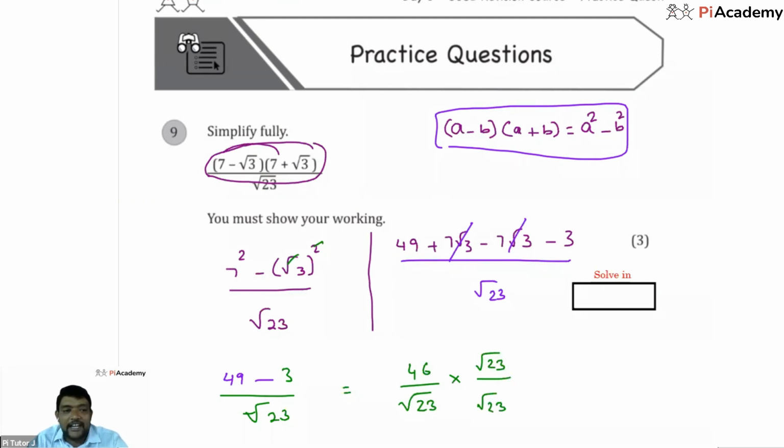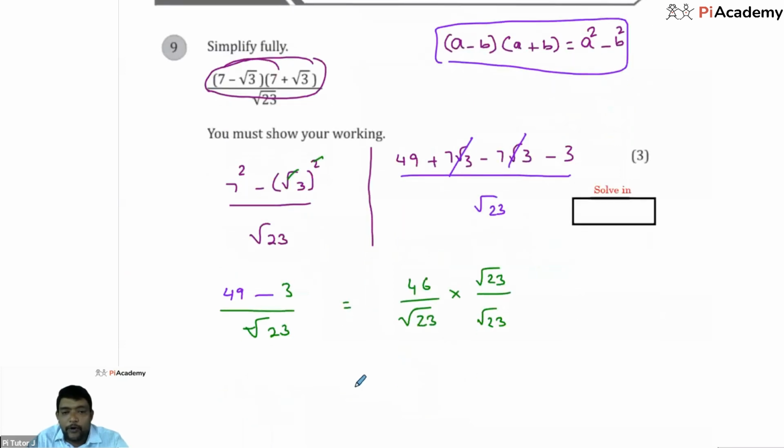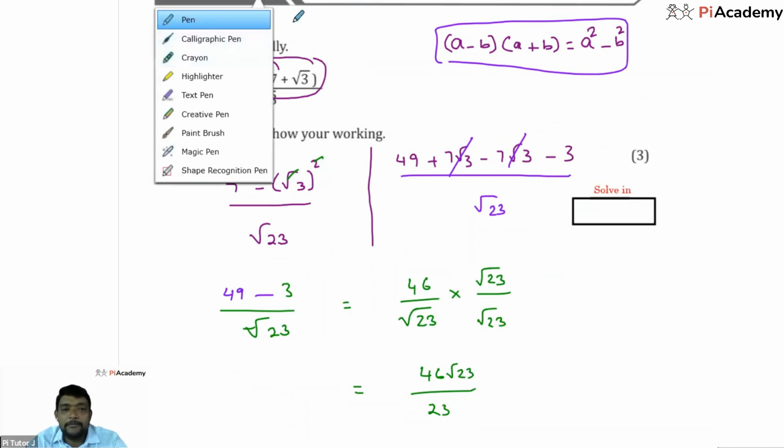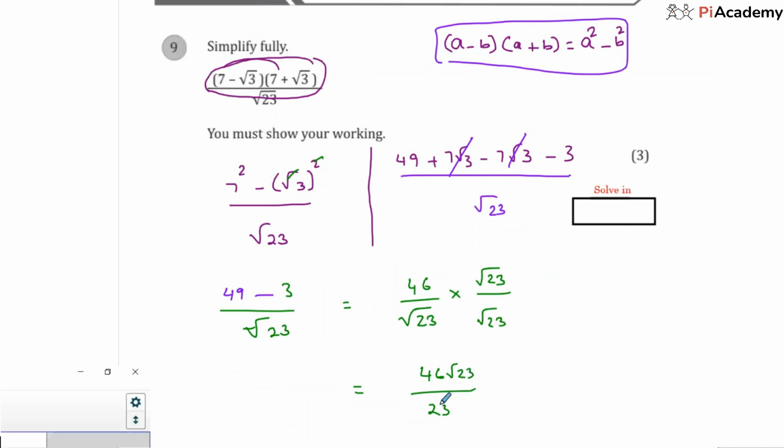So root 23 is the rationalizing factor here. So you have 46 root 23 divided by root 23 times root 23, which is just 23. Are you following me? Yeah. Okay. So 23 times 2 is 46, so you have 2 root 23. Makes sense? Yep. Wonderful.